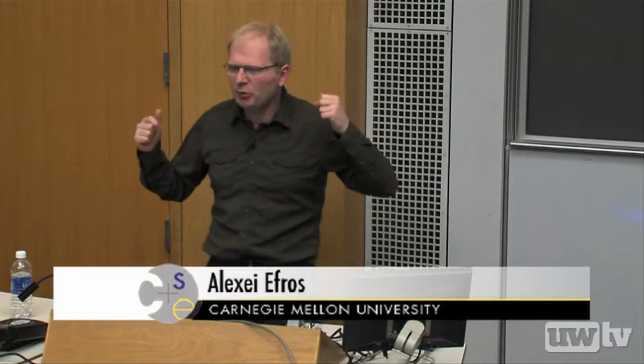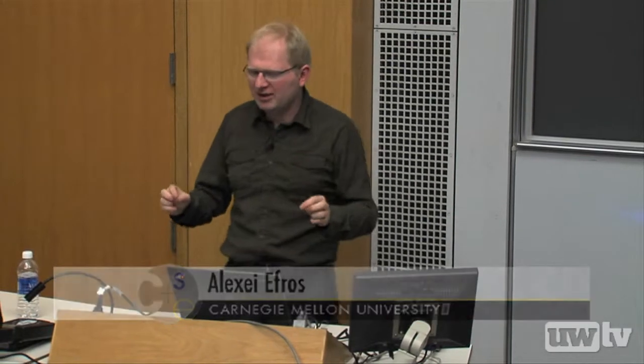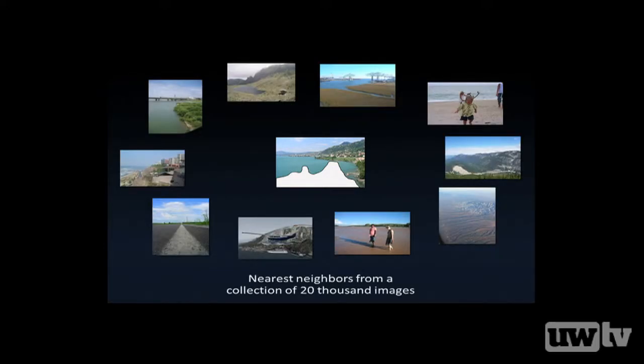It works surprisingly well. We were very surprised, and we said, okay, why does it work? Is it that we have this amazing descriptor, or is it that we have this really cool way to blend it? Well, it seems that it's really all about the data, right? So you have an image right here. This is the query image. We tried this on 20,000 images, and it really did not work.